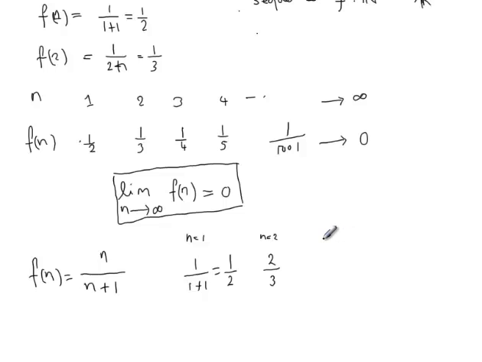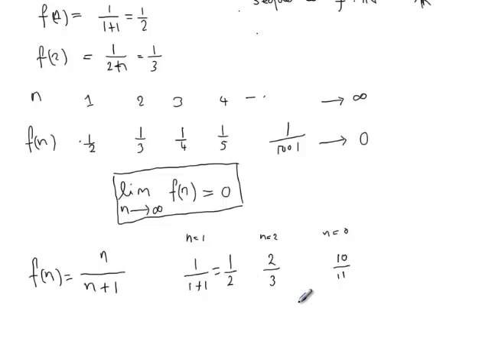So let's go as far as n is equal to 10. When n is equal to 10, you get 10 over 11. You can check again whether 10 over 11 is greater than all these other numbers.